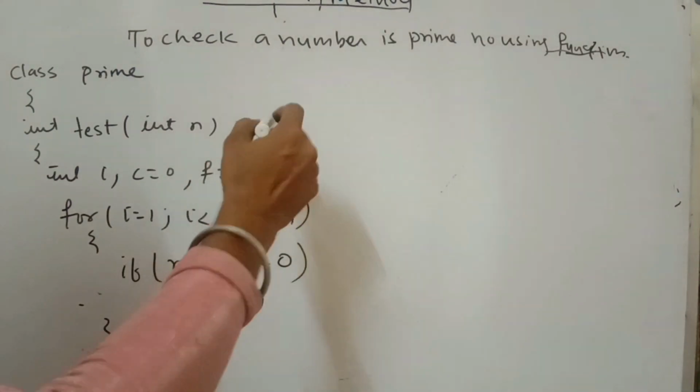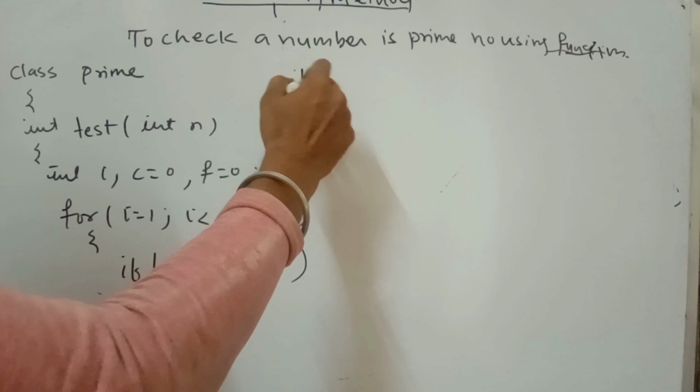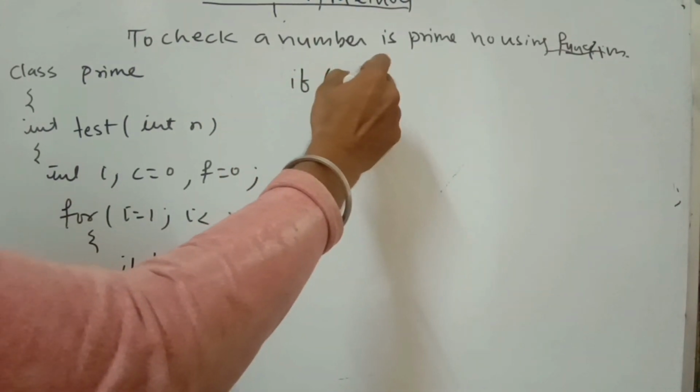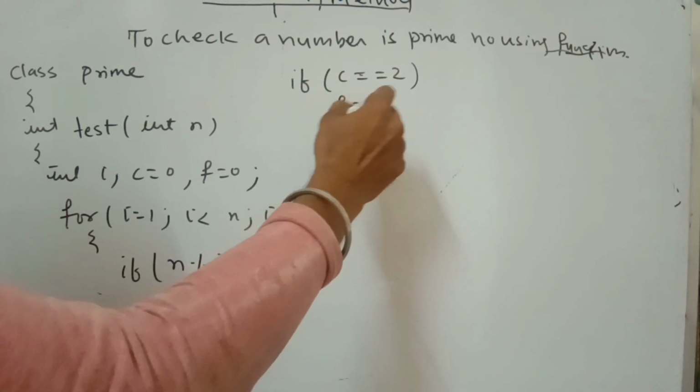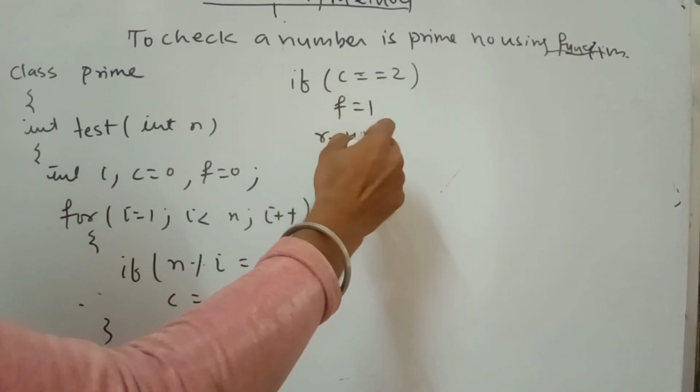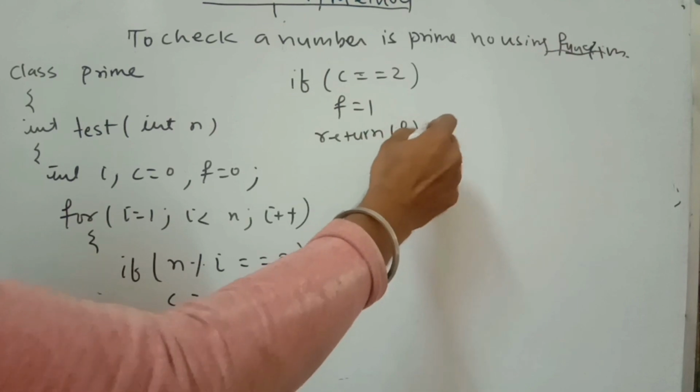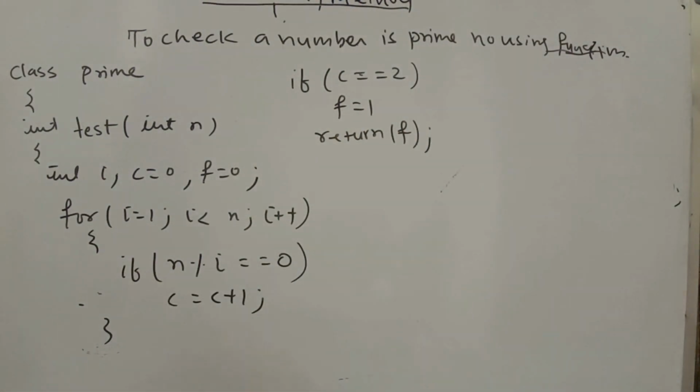After that we write: if c == 2, then f = 1, then return f. So that is the logic of the prime number.